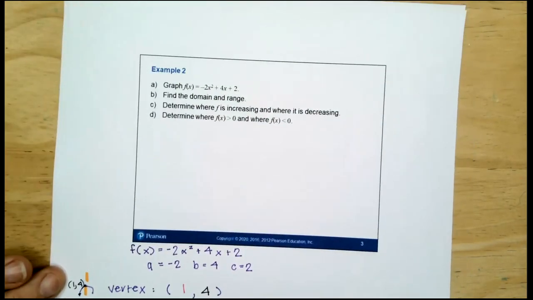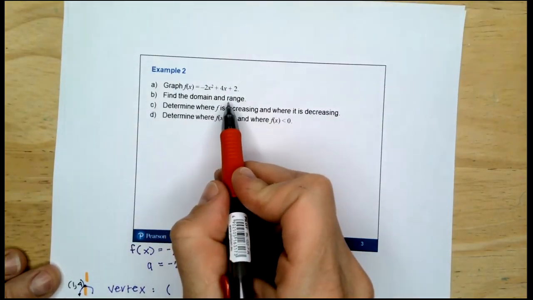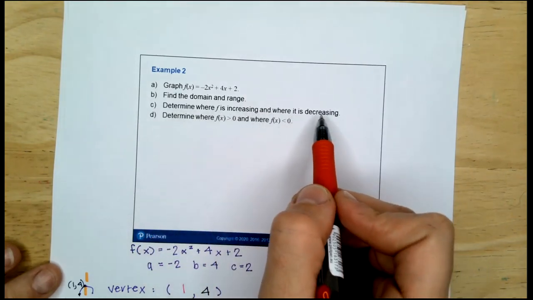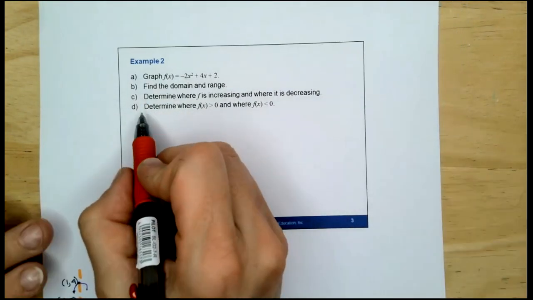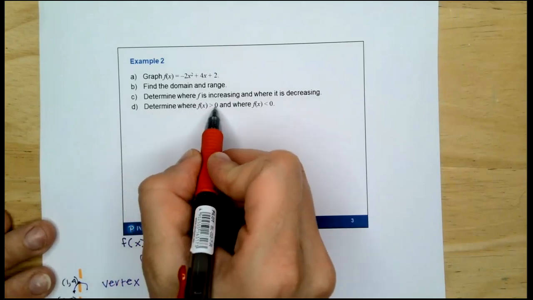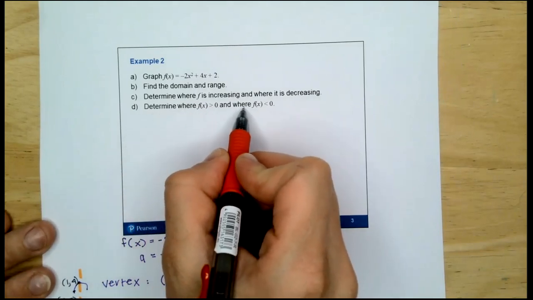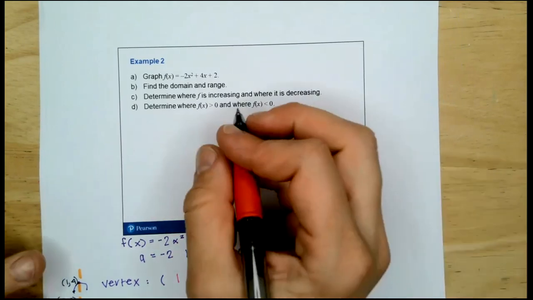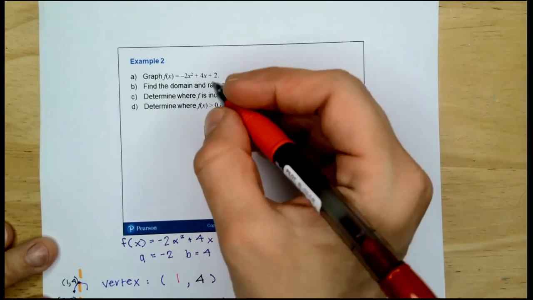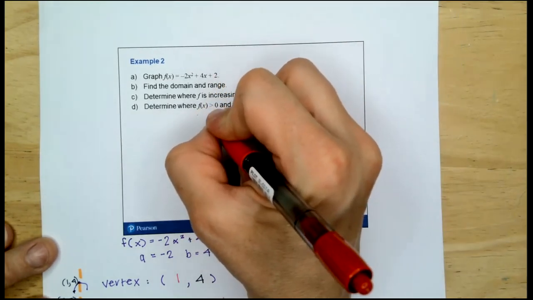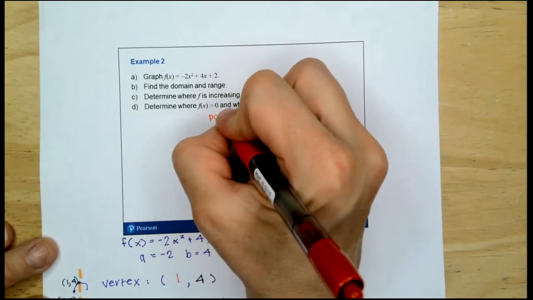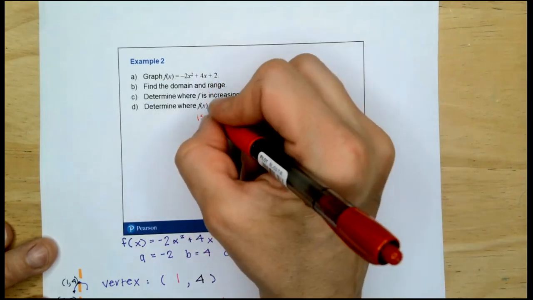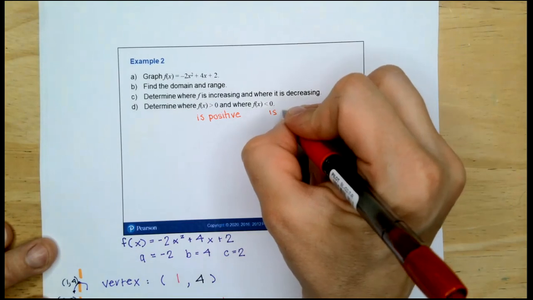All right, things they are going to ask us about. They are going to ask us the domain and the range. They're going to ask us to determine where f is increasing and where it is decreasing. And then they are going to ask where f of x is greater than 0 and where f of x is less than 0. If you remember this, in the previous lecture, this was just called f of x is positive, and where f of x is negative, right?